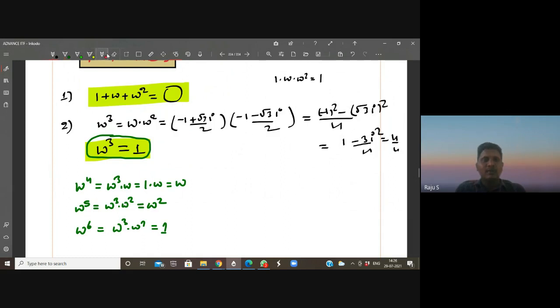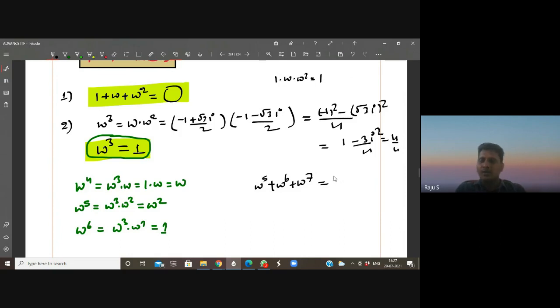So here, for example, omega power 5 plus omega power 6 plus omega power 7 value: the sum of 3 consecutive powers, is it 0 or not?